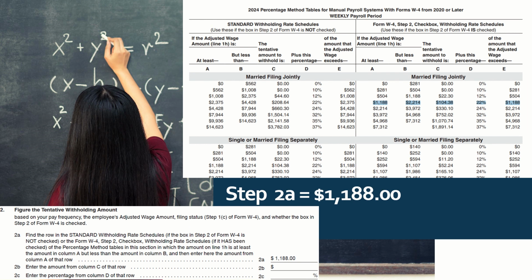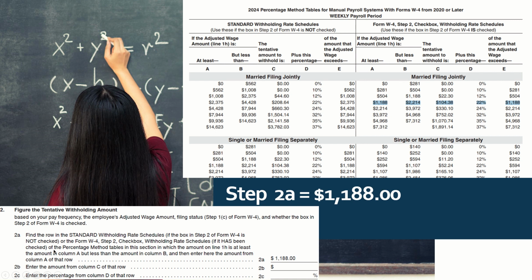So in 2A, the question is, find the row in the standard withholding rate schedule if the box in step 2 of the W-4 form is not checked, or the Form W-4, step 2 checkbox withholding rate schedule if it has been checked.